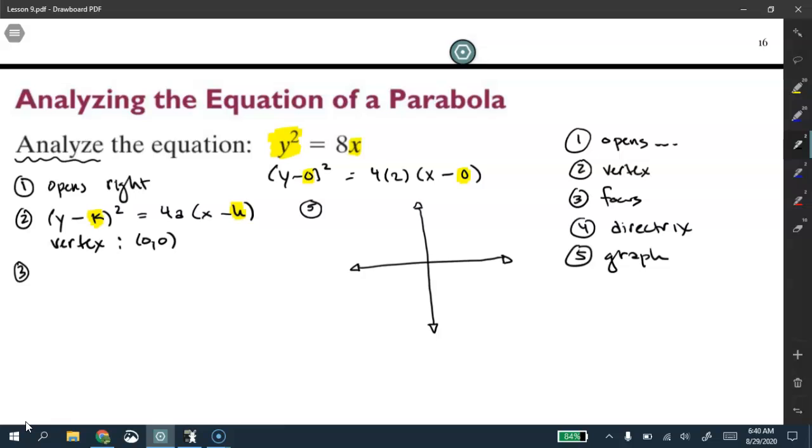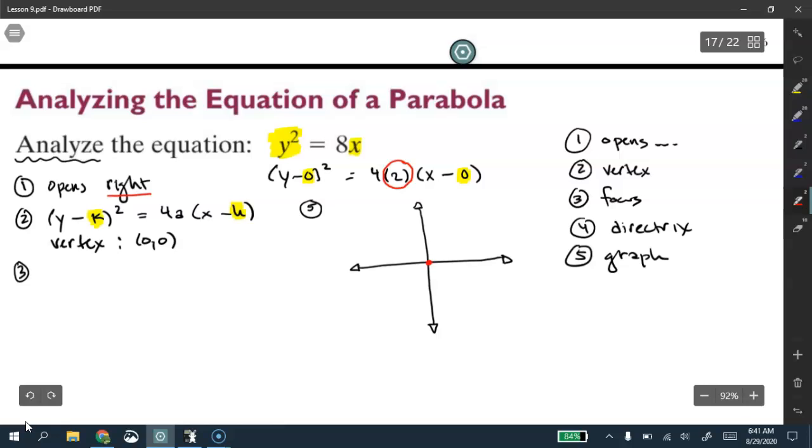All right, so you know that you have a vertex at 0, comma 0. And then what we know is that the value of a is equal to 2. So you're going to go 2 units in front of the parabola. Remember, it's facing right.